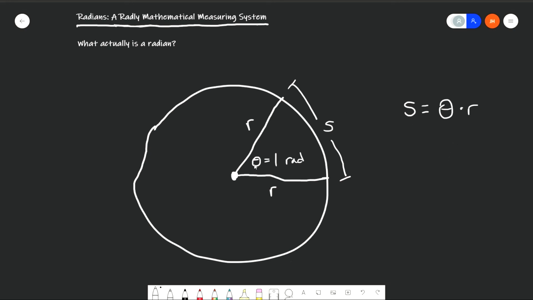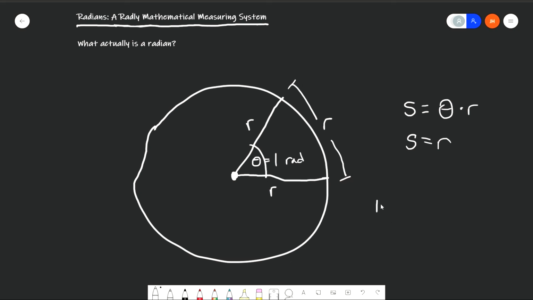But our angle here we said was 1 rad, so actually this arc length is equal to the radius. What you can see is that radian is a measurement of angle such that 1 radian of angle is 1 radius around the circle.